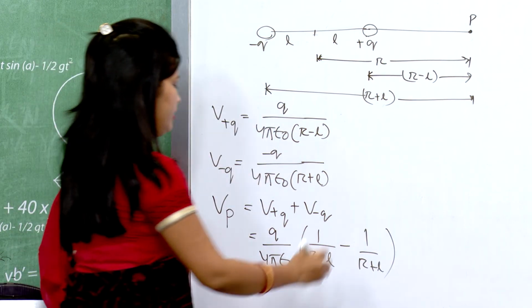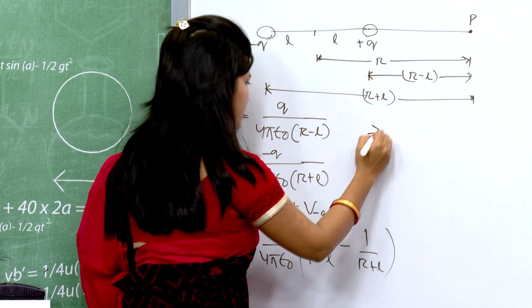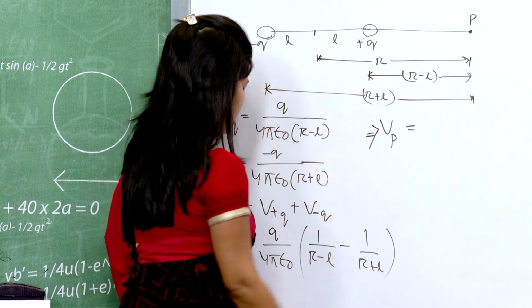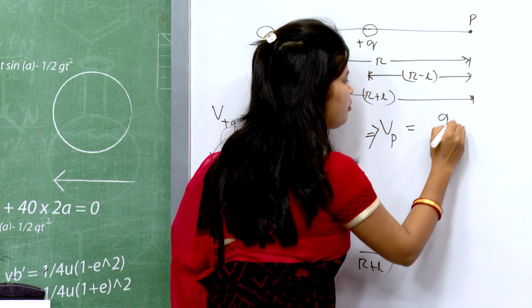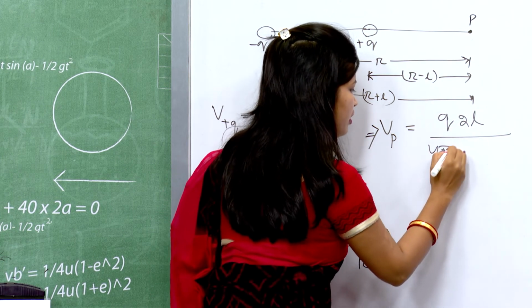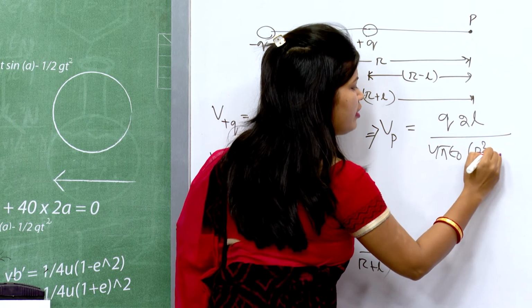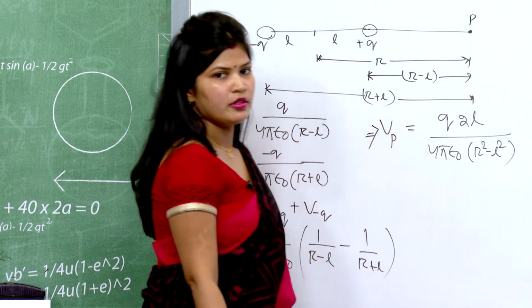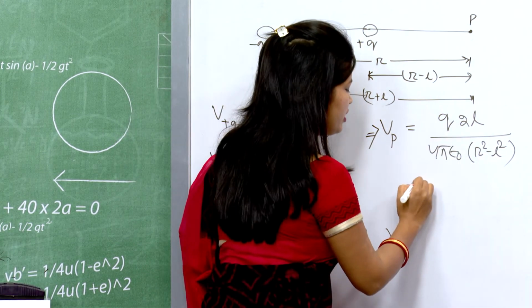So, I will find that V p is equal to q 2L upon 4 pi epsilon naught (r square minus L square), and q 2L, that is dipole moment.